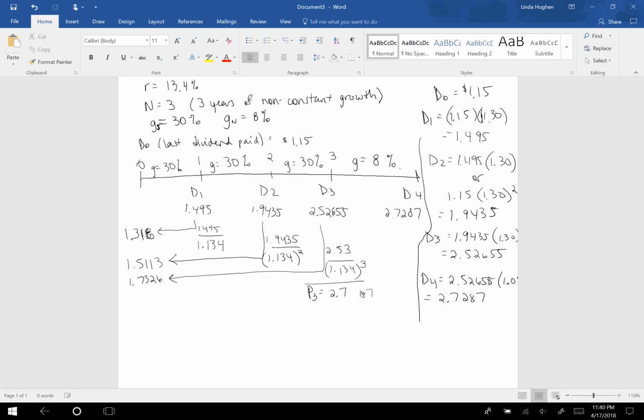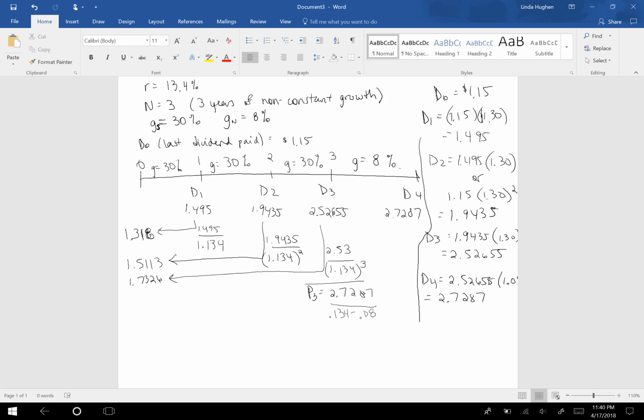We want to divide that by the difference between R minus G. The required return on the stock, 0.134 minus 0.08, that growth rate.